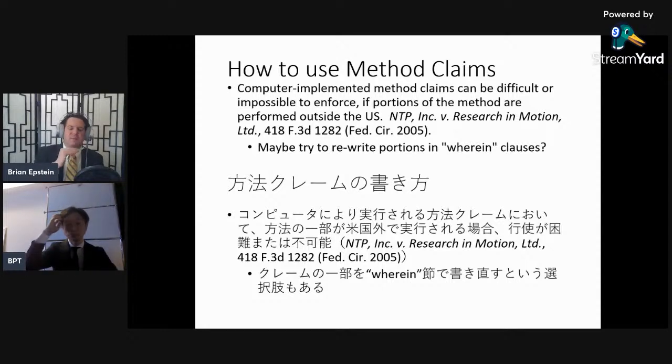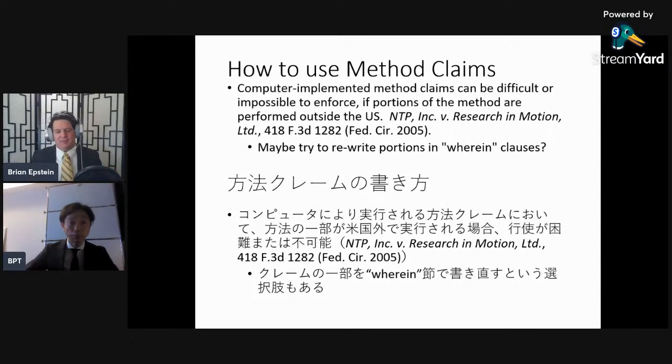And if my method claim says transmitting, maybe there's some issue where that's not actually transmitted in the United States. The transmitting is performed in Canada. If we recite it in passive voice, as wherein the data is transmitted, we might have a stronger case for enforcing this patent.